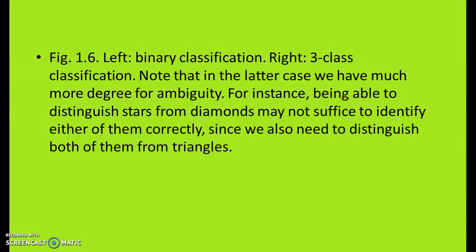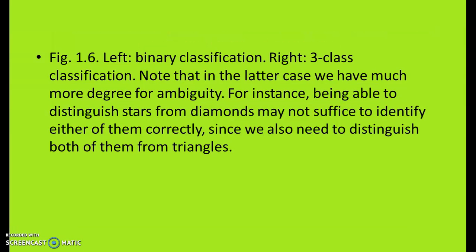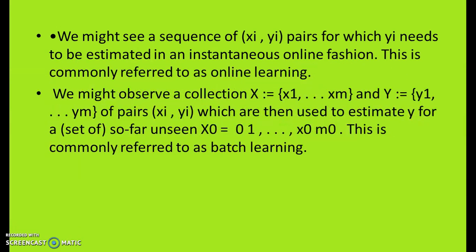In this particular diagram, we have a binary classification and a three-class classification. Note that in the latter case, we have a much greater degree of ambiguity. For instance, being able to distinguish stars from diamonds may not suffice to identify either of them correctly, since we also need to distinguish both of them from triangles.